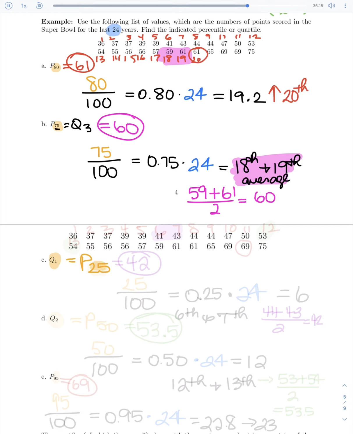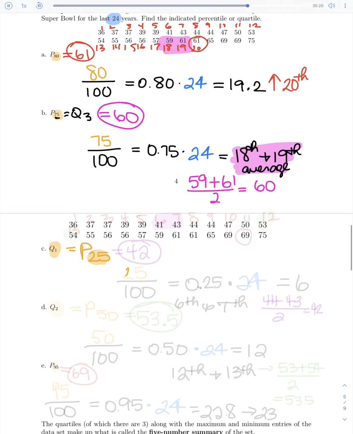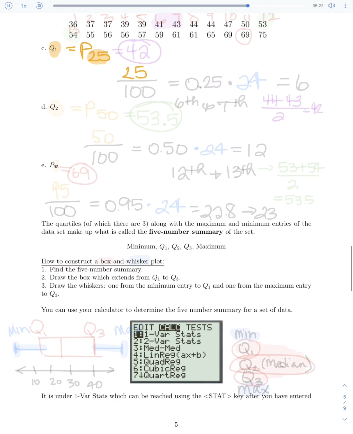So we will take the 25, just like before, and divide by 100, which will turn that into a decimal of 0.25. And just like before, we'll multiply that by the total number of numbers, which is 24.